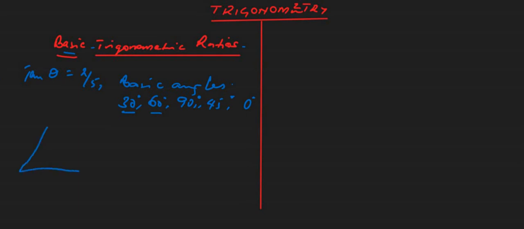Let us consider some equilateral triangle like this one. I hope this one is able to be equilateral enough. If it is equilateral, then it means that each of its angles here is actually equal to 60 degrees.